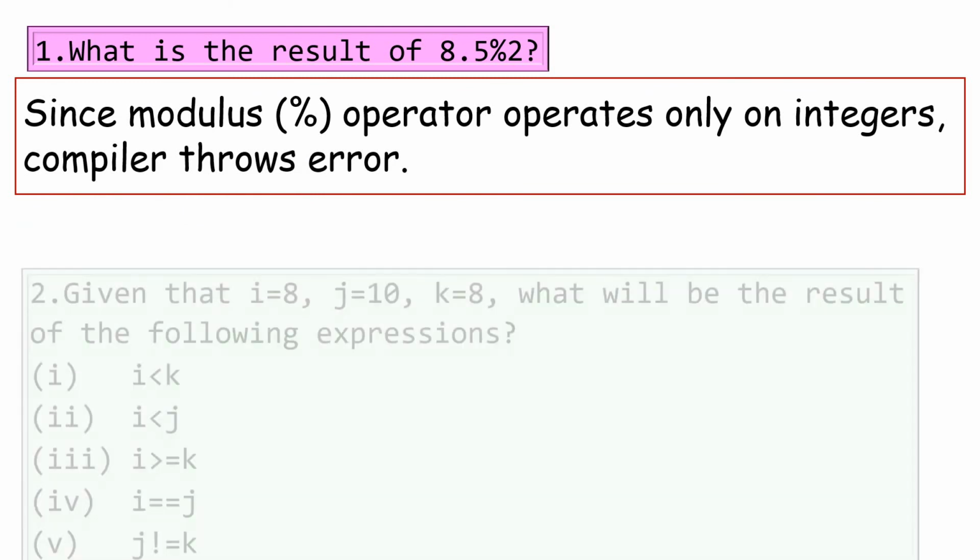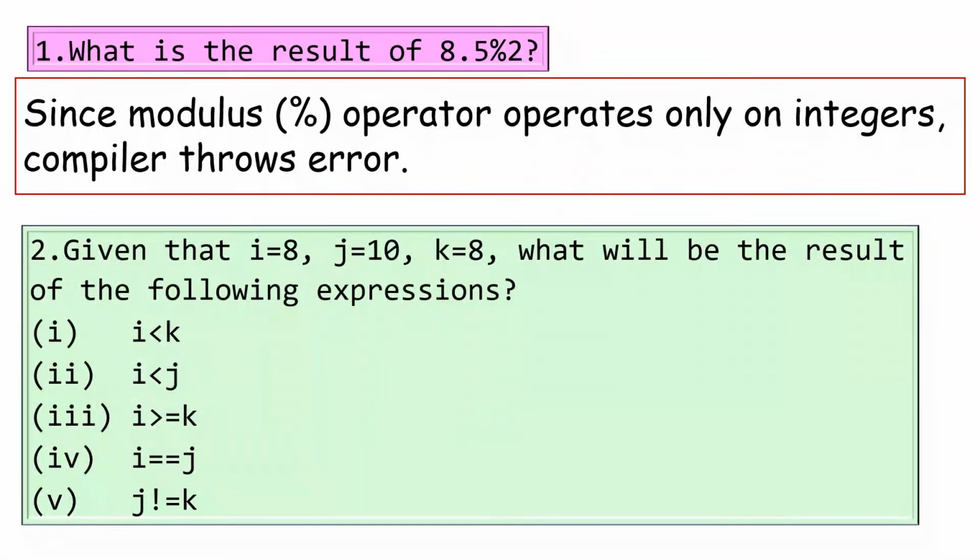The second question is, given that i is equal to 8, j is equal to 10, k is equal to 8, what will be the result of the following expressions? Look at these expressions. Can you identify what type of expressions they are? They are relational expressions because these expressions involve relational operators.